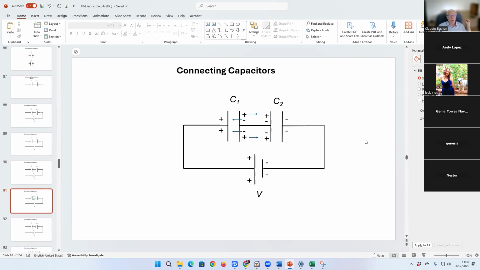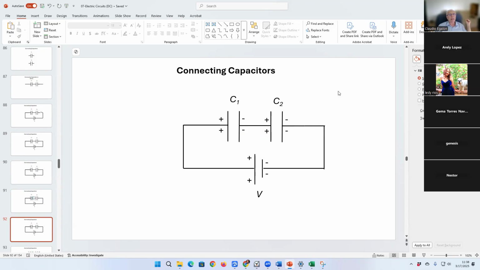Depending on the charge, they're going to move towards or away. The positive charges in this capacitor are going to be attracted. The positive charges in this other capacitor are going to stay here. And these negative charges are going to be repelled by this negative charge. That's how you should look at it. And then we're going to end up having something like that.